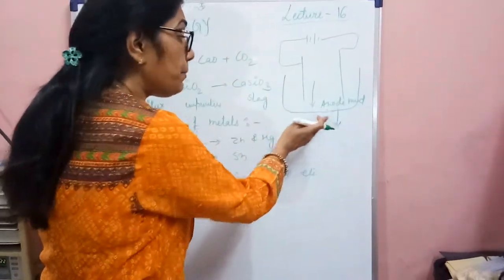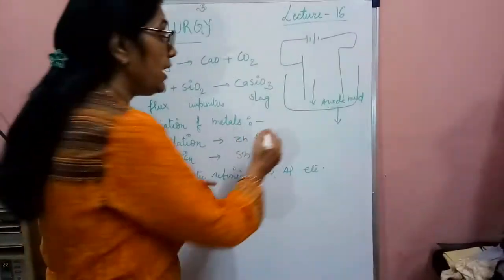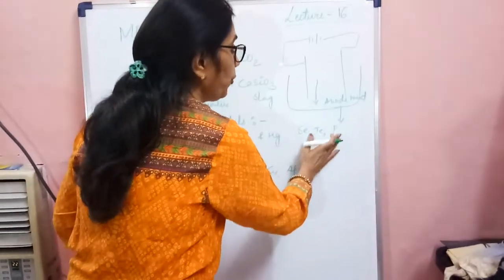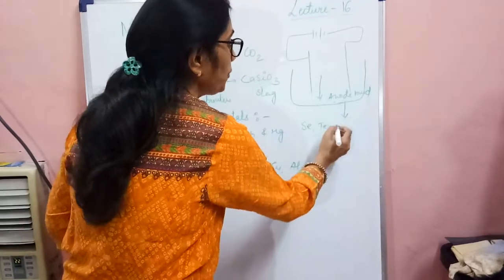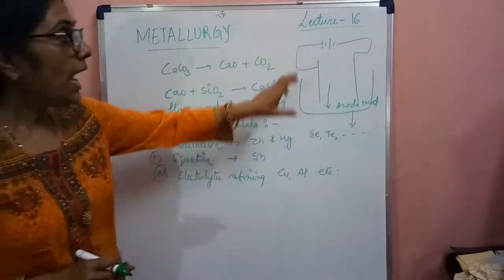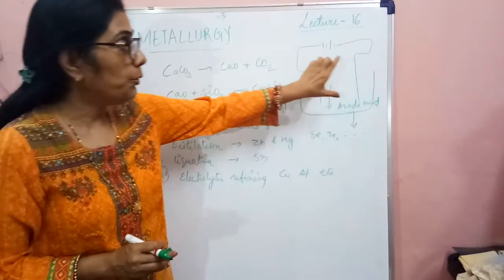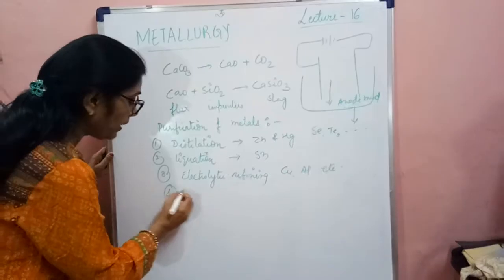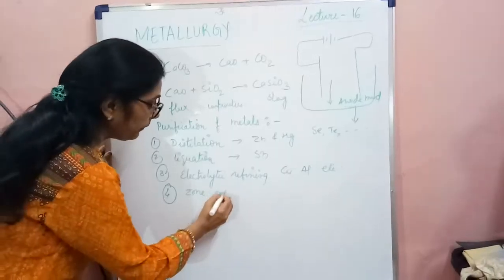In the anodic mud, the heavier elements are there like selenium, tellurium and polonium. Polonium is radioactive in nature. So these settle down as anodic mud, and the impure metal acts as anode, the pure metal acts as cathode. Then comes zone refining.